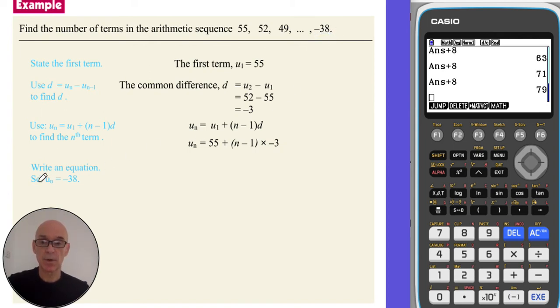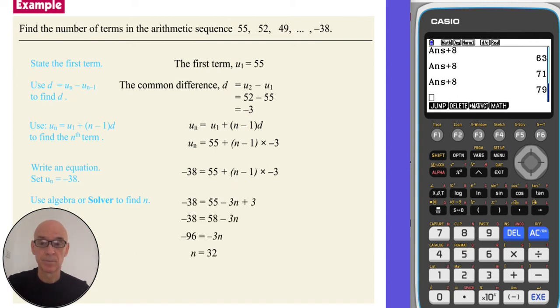We're going to write an equation by equating un to negative 38. Solving this equation will give us n, the number of terms in the sequence. We can either use algebra to solve the equation, given a value of 32 as shown, or we can use solver on the calculator to solve the equation.